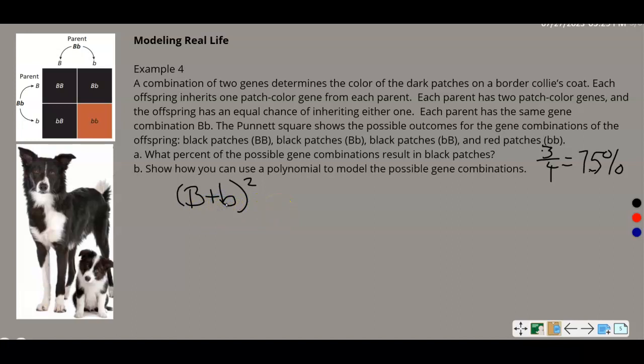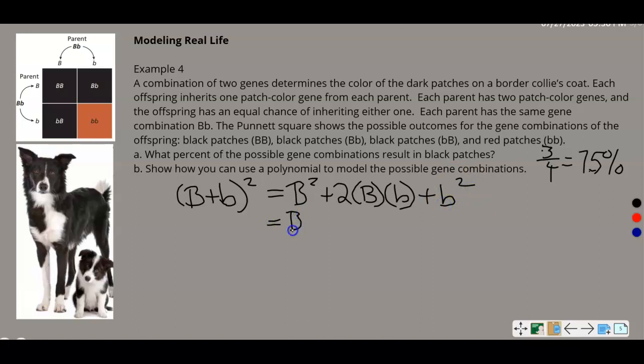All right, so if we have capital B plus lowercase b squared, we know from the patterns we've been looking at, we can do capital B squared, plus 2 times A, which is capital B, times B, which is lowercase b, plus lowercase b squared.